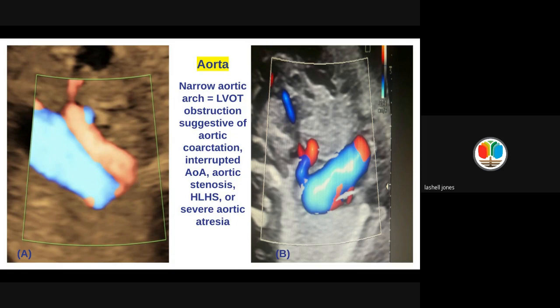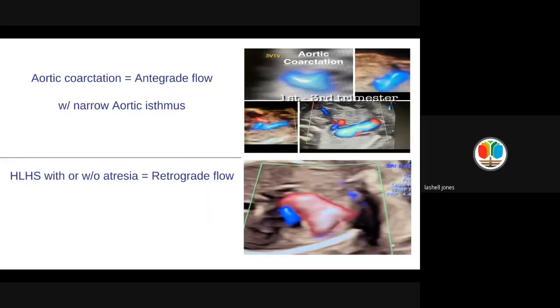So how are we going to tell the difference? And this is going to be similar to what we saw in the pulmonary artery. Okay, so with aortic coarctation, you're going to see a narrow aorta, which you see here demonstrated. Antegrade flow is present, and with a narrow aortic isthmus.